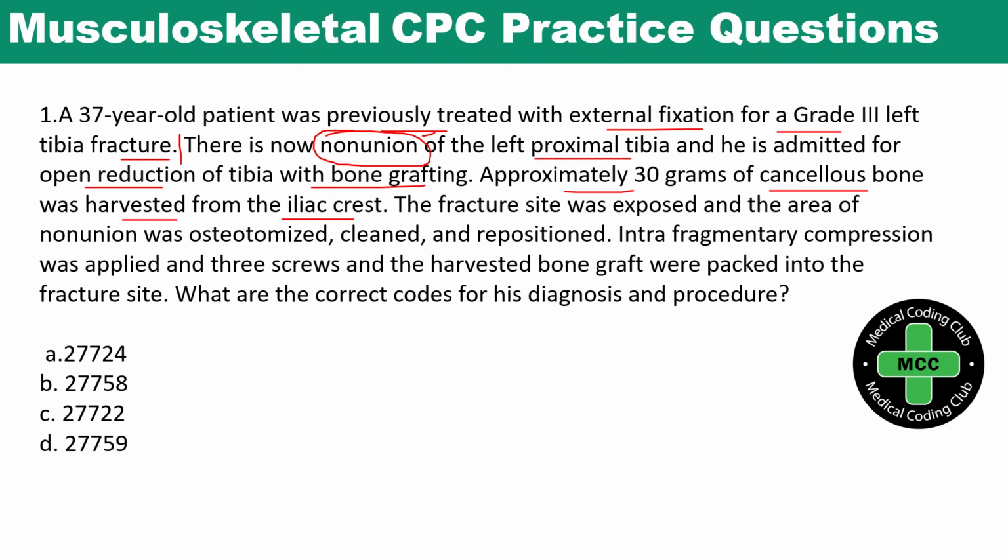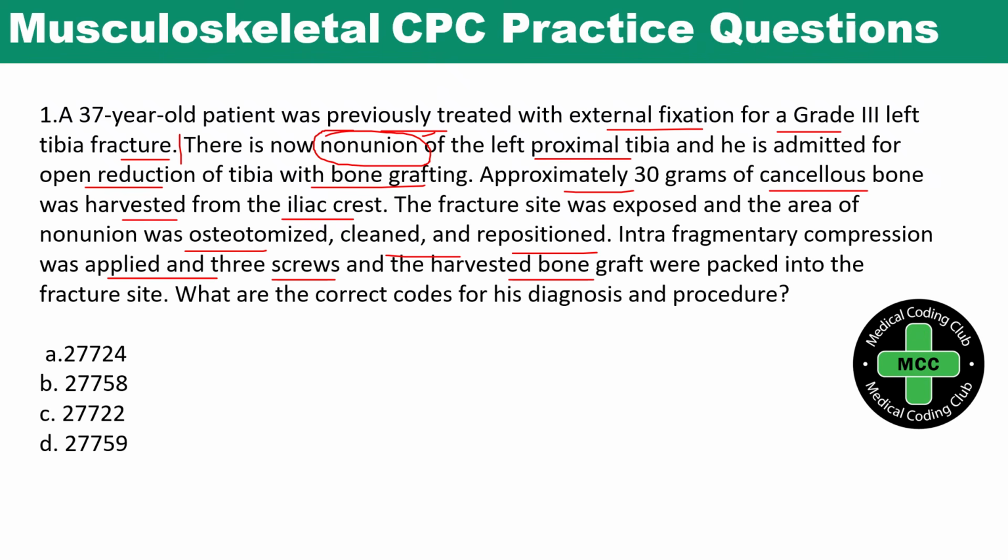So now the fracture site was exposed and the area of non-union was osteotomized, cleansed and repositioned. So after harvesting, what they did, they applied 3 screws and the harvested bone graft was packed. So that shows that the patient underwent open reduction and internal fixation procedure with bone grafting.